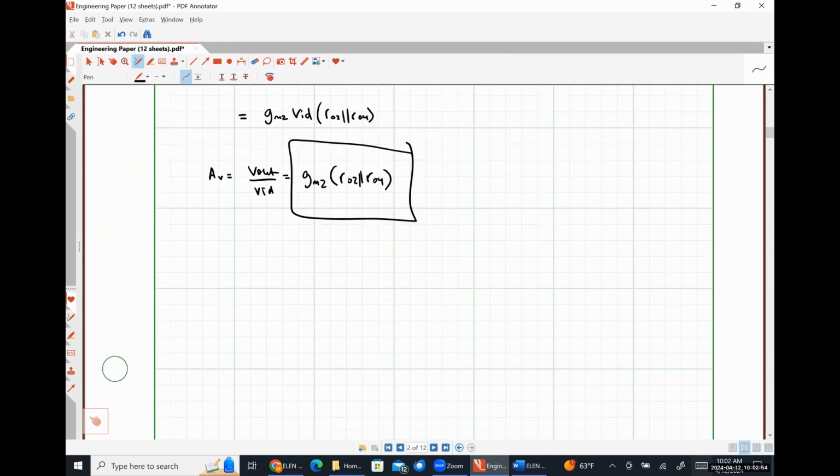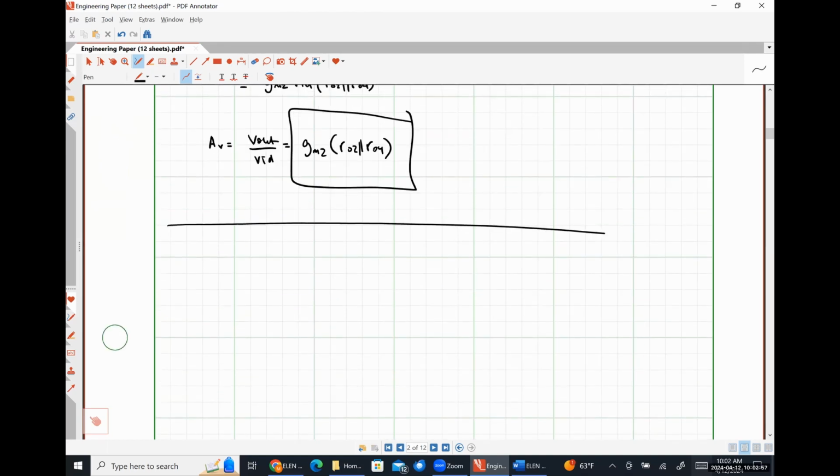Okay. Let's look at the small signal model of this circuit where I'm just grounding these gates because they're just going to be a DC voltage.